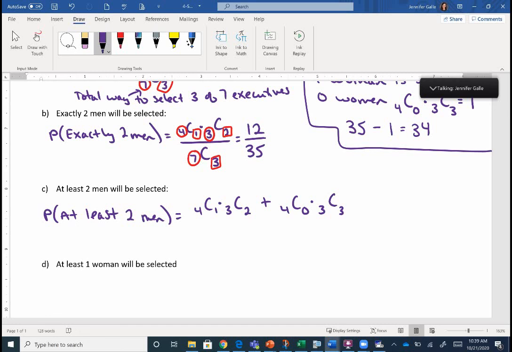Now, the nice thing is, and you can do it either way, I think it takes a lot of time to do 2 separate fractions. They're going to have common denominators.